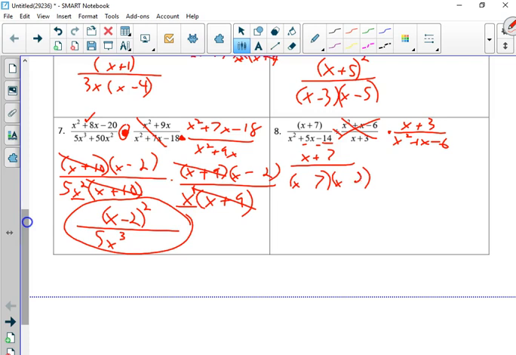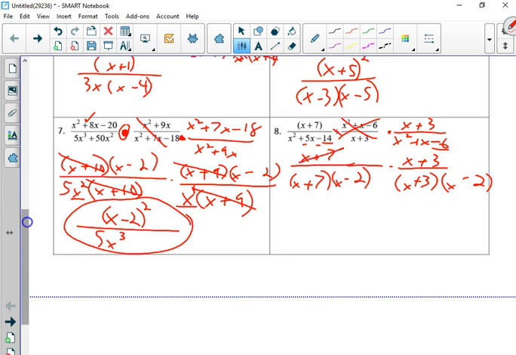So that's going to be 7 and 2. I need more positives to have 5 left over, 2 negative. And then x plus 3 over here on the top. And then x and x. I have two numbers that multiply to give me 6 that differ by 1. That's 3 and 2. I need more positives than negatives.